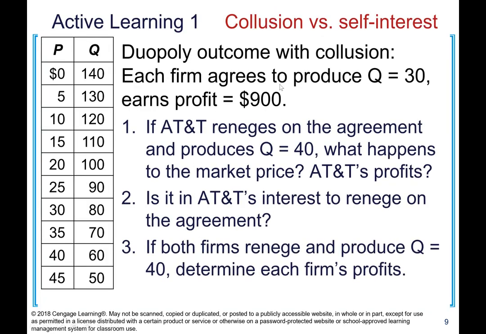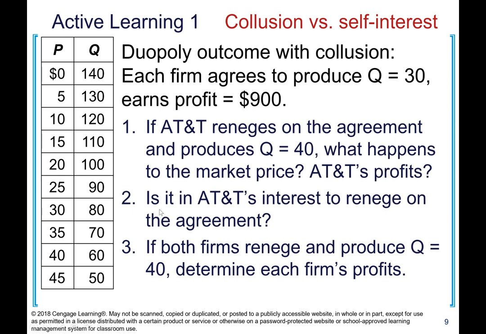Duopoly outcome with collusion: each firm agrees to produce 30 and earn a profit of 900. Number one, if AT&T reneges on the agreement and produces 40 instead of 30, what happens to the market price and AT&T's profit?